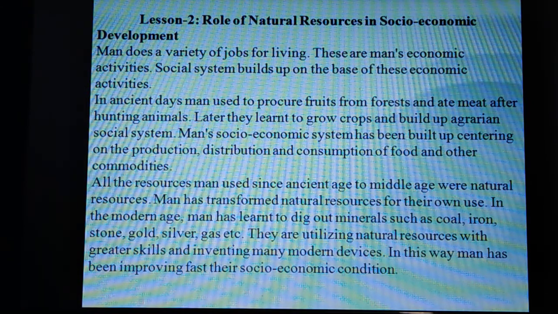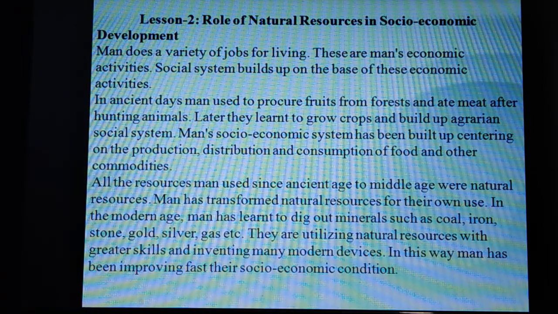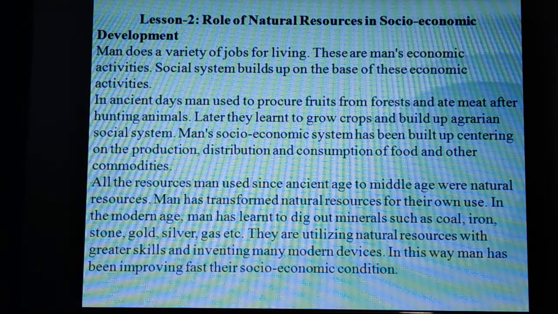That is, when gradually men learned to produce crops, then they distributed the crops among them, and finally they consumed the food grains. All these natural resources man used since ancient time to Middle Age were very natural. Man has transformed natural resources for their own use.